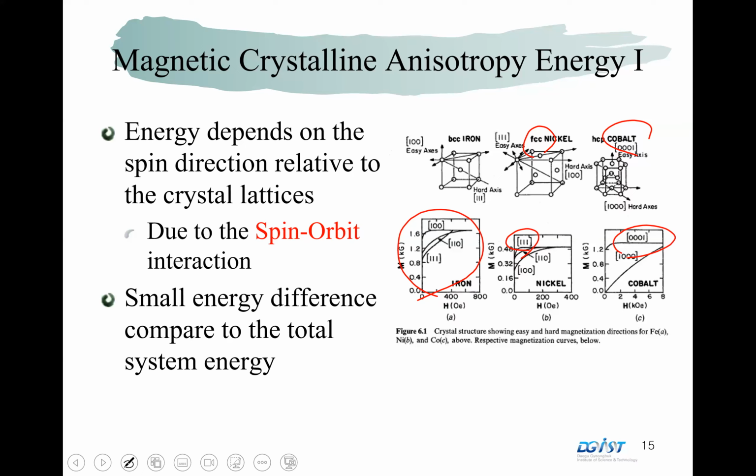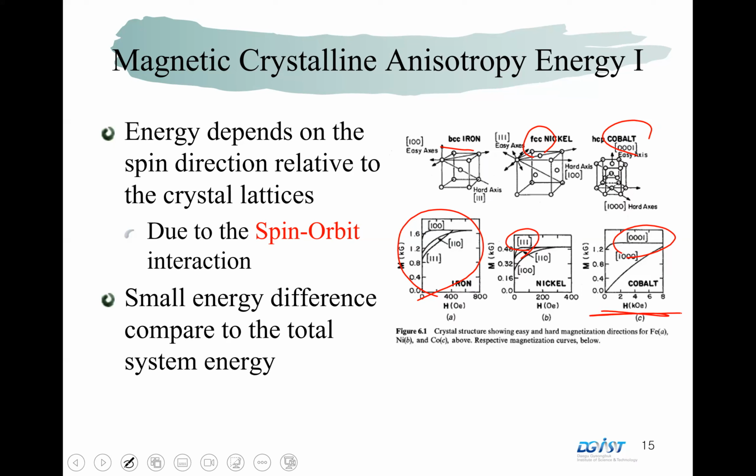But it is not a general rule. Even among BCC materials, some prefer other directions. So it's material by material. So you need to do some experiment, or there are some theoretical results also. And the amount of the magnetocrystalline energy is also different.